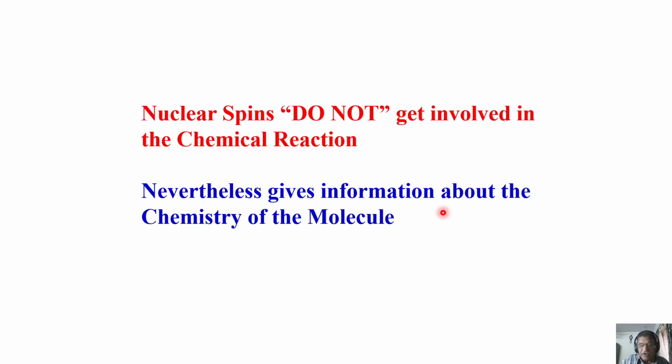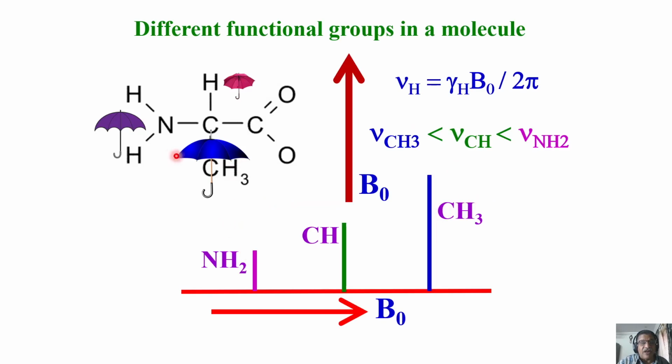That's what we understood in the previous slide, because the charge densities are different and we get different peaks. So you can understand more about the chemistry of the molecule by seeing the NMR spectrum, which is due to nuclear spin, although nuclear spins do not get involved in the chemical reactions. So this is an important point which I wanted to tell you.